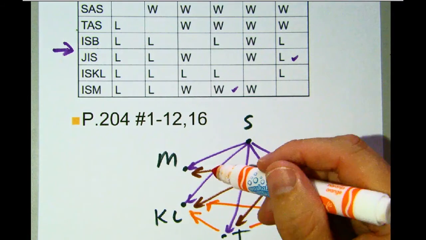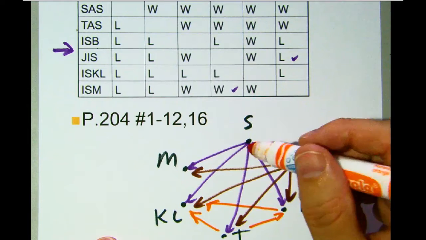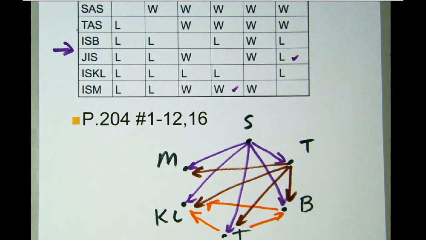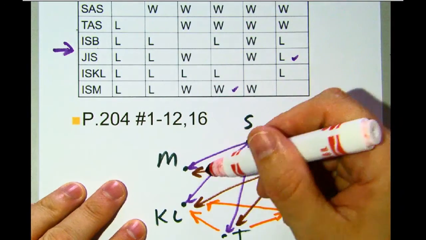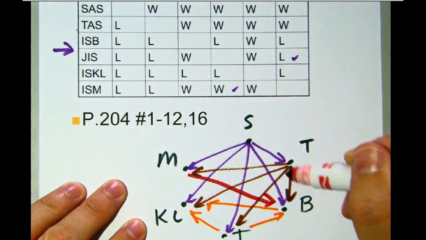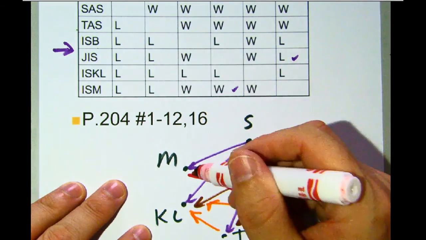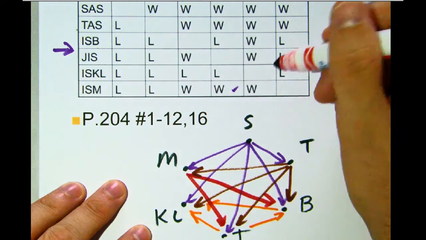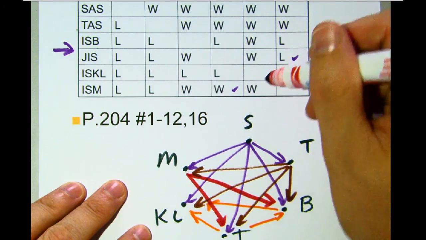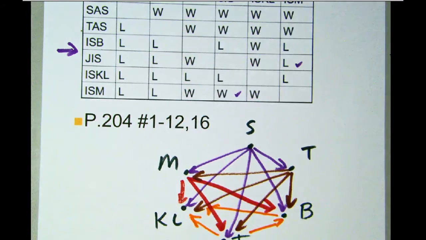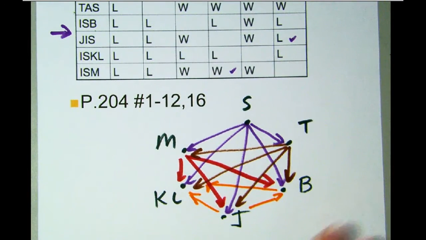And ISM then beat, who did they beat? ISM beat ISB, and ISM beat GIS, and ISM beat ISKL. Okay, so now this is my graph.